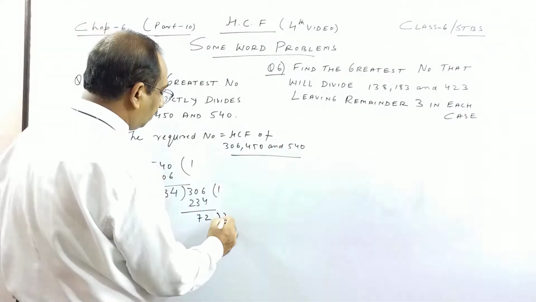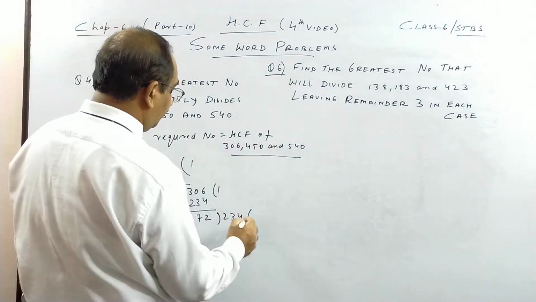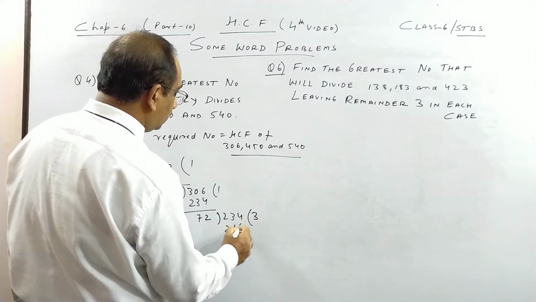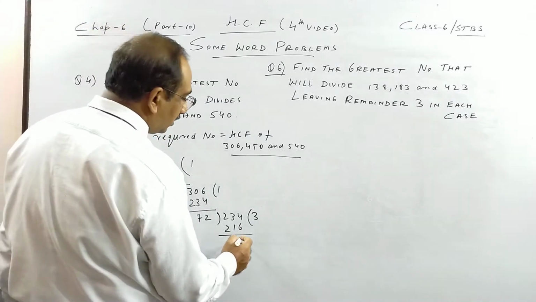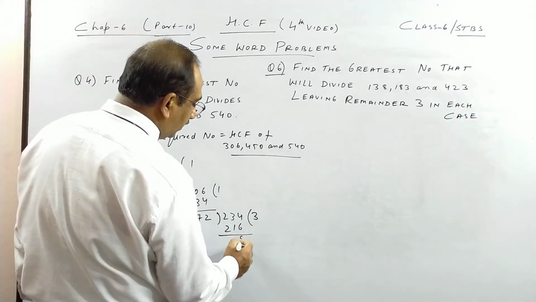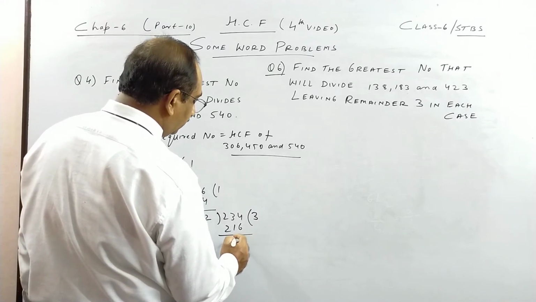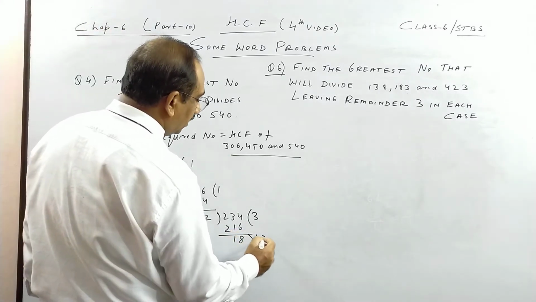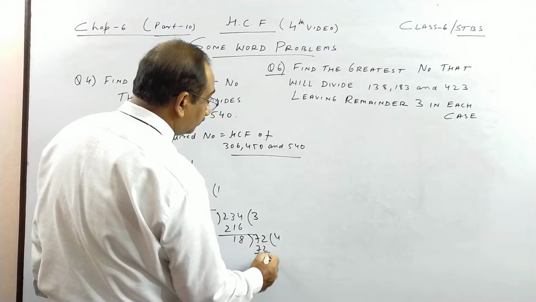Now 234, if you do this, it will go 3 times, you will get 216. If you subtract you will get 18. And then 72. If you see, 18 4s are 72.